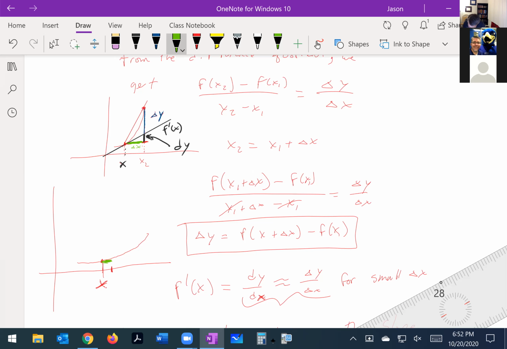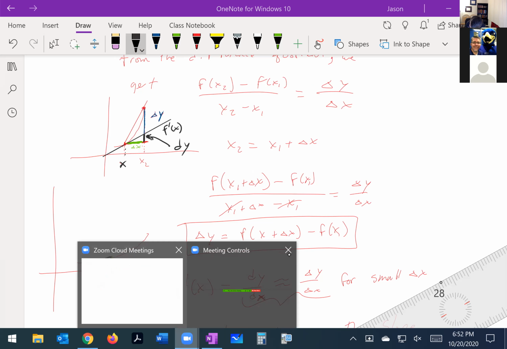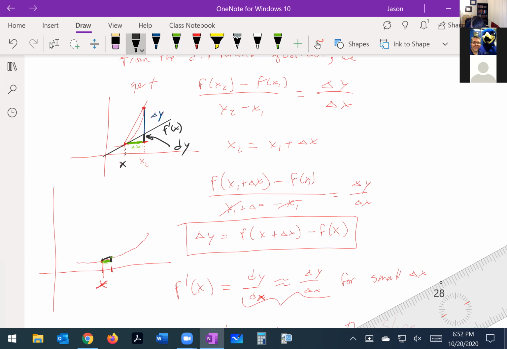And so what do we know? We notice that there's not much difference in the secant line, the dy and the delta y. There's not much difference in the slope of the secant line versus the slope of the tangent line.